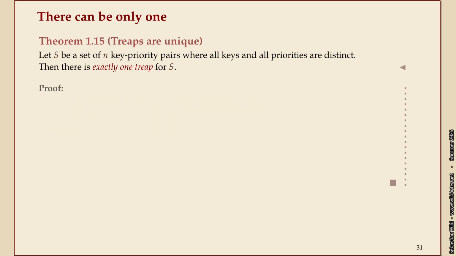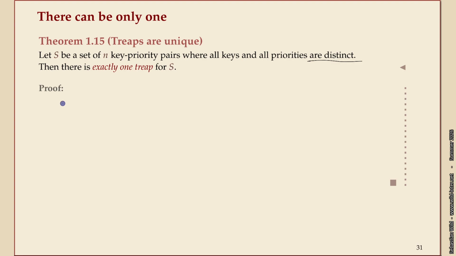Now, let's play mathematician. If I define an object, I want to know whether it exists and whether it's unique. Both is true here. If I have some set of such points, key priority pairs, where all these are distinct to make it easier and more well-defined, then that's the distinctness I need for the uniqueness. Then there's exactly one treap that fits our definition.